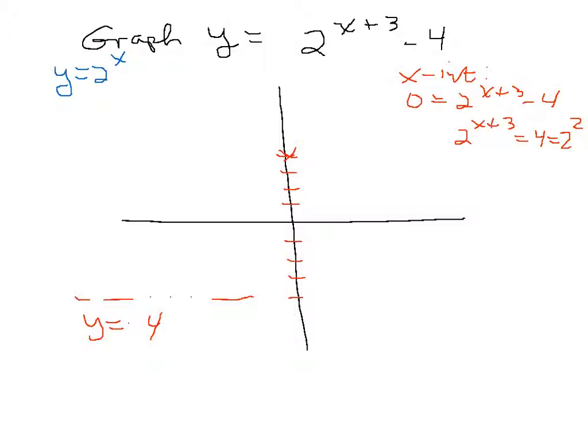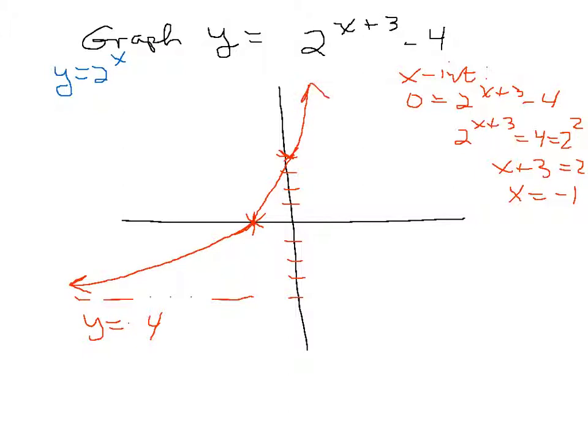So we're getting into solving exponential equations. The only way this can be true is if this is equal to that. So x plus 3 is equal to 2, or x is equal to minus 1. So that's the x-intercept, minus 1. The y-intercept we already saw is 4, so the graph looks something like this.